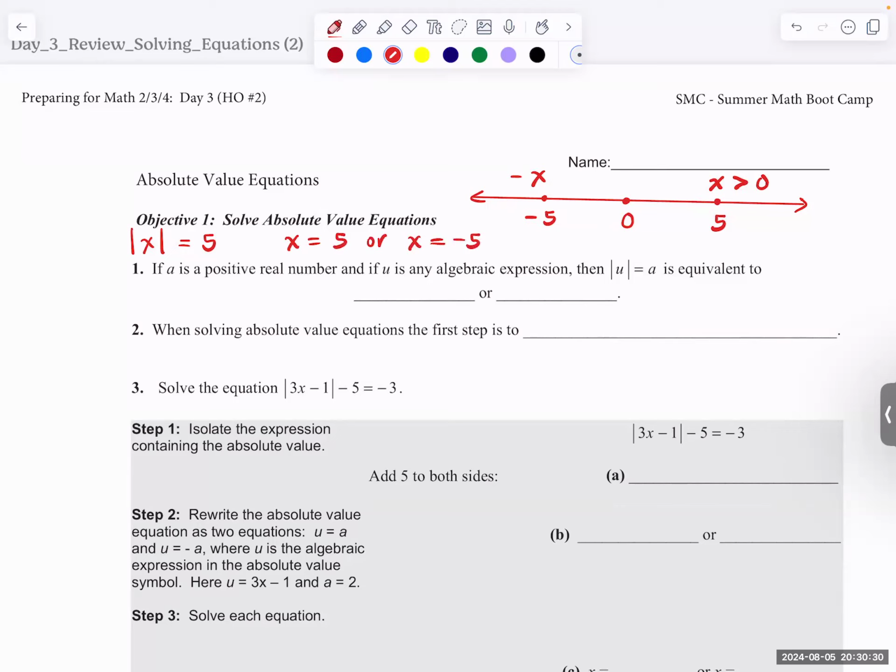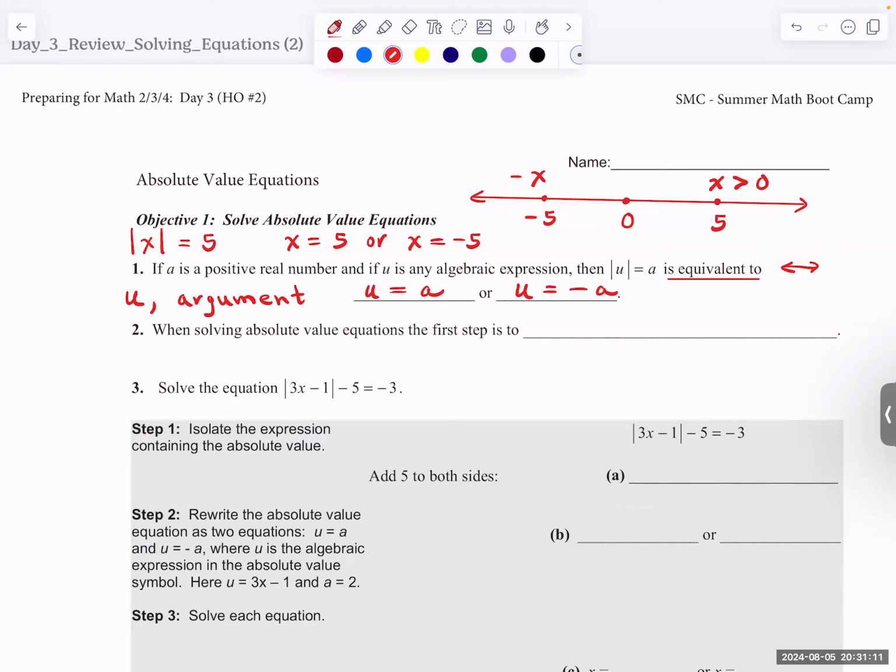Number 1, if a is a positive real number, and if u is any algebraic expression, then the absolute value of u equals a is equivalent to, and the symbol for is equivalent to is a double-headed arrow, u, which is called the argument, is equal to a, or u equals -a. Again, u is called the argument. That's the expression inside of the absolute value bars.